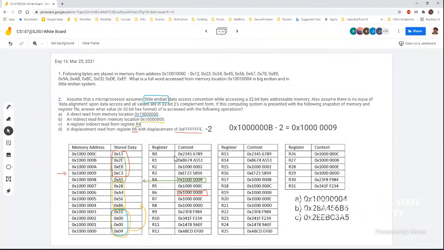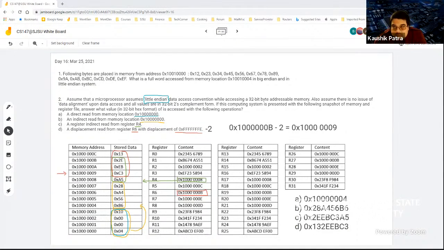So my answer for D would be, sorry, not C3, 132EEBC3. Make sense, everybody?